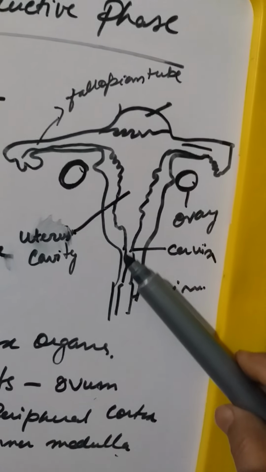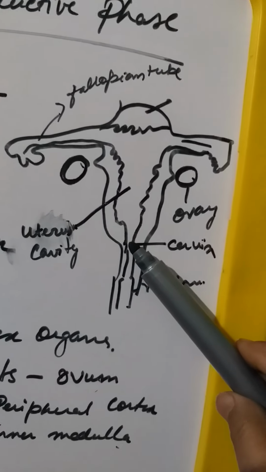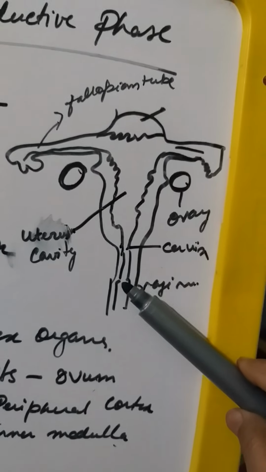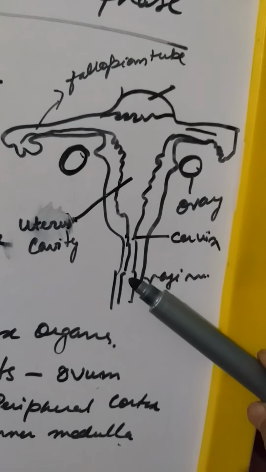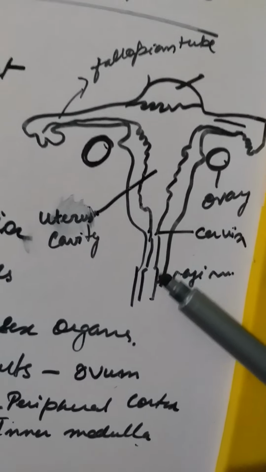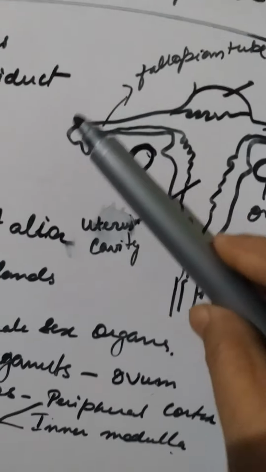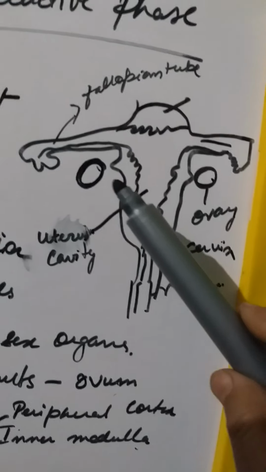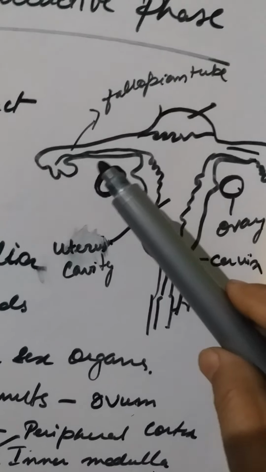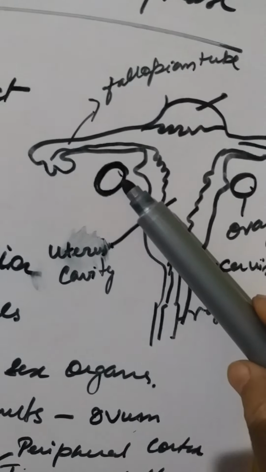Here is the cervix, meaning the mouth of the uterus. This is the cervical canal, and this is the vagina, which leads to the external genitalia. Basically, the fallopian tube and the ovary have no direct connection.